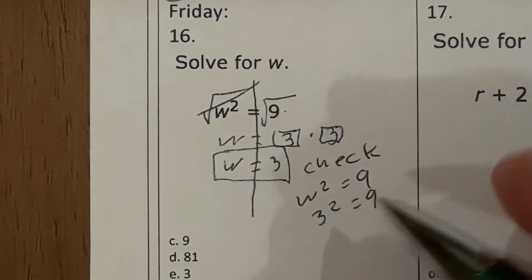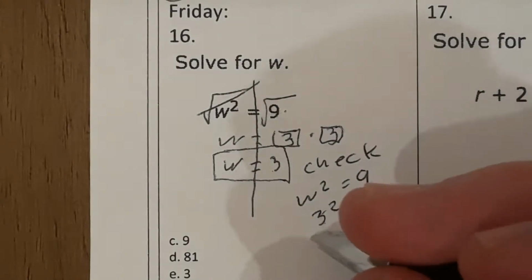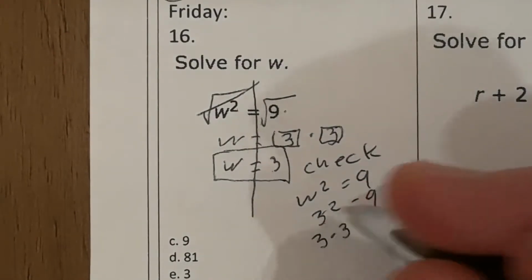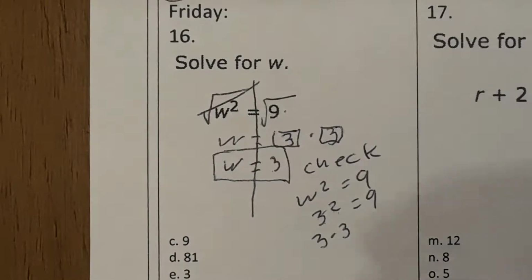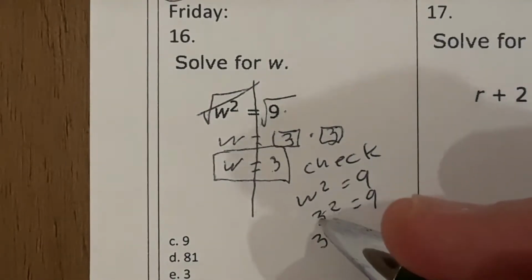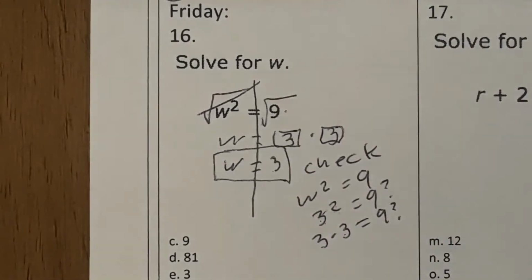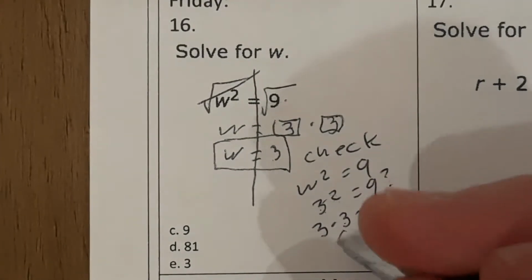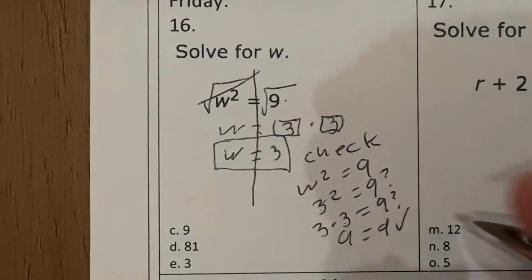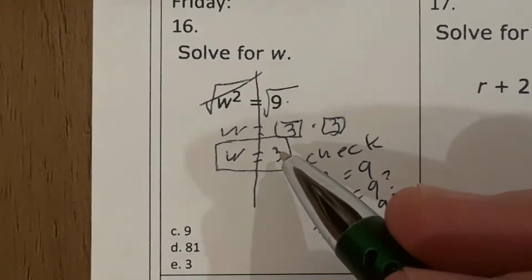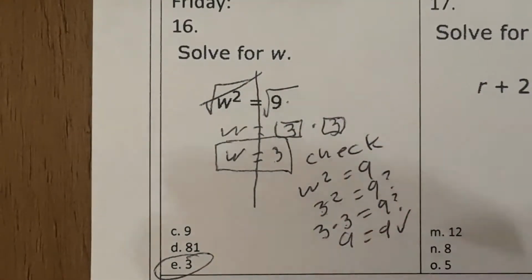That is 3 times 3, because 3 to the second power means two 3s. So don't confuse that with 3 times 2. So 3 times 3, two 3s, equals 9. Okay, and 3 times 3 is 9, equals 9. So check. W equaling 3 is the correct answer.